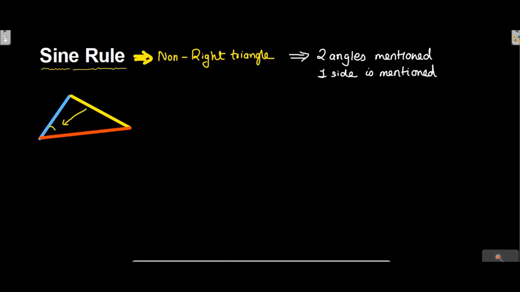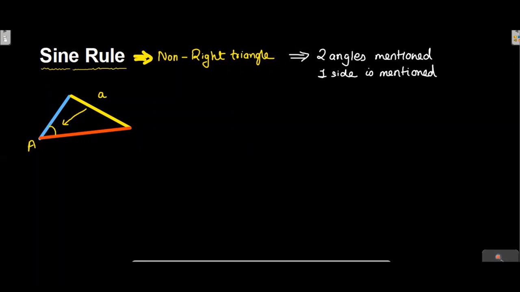I am going to write it in yellow so that it is clear to you. I'm talking about the angle A, and the side just opposite that particular angle is considered side A. They are linked to each other. You will understand more when you start solving questions.